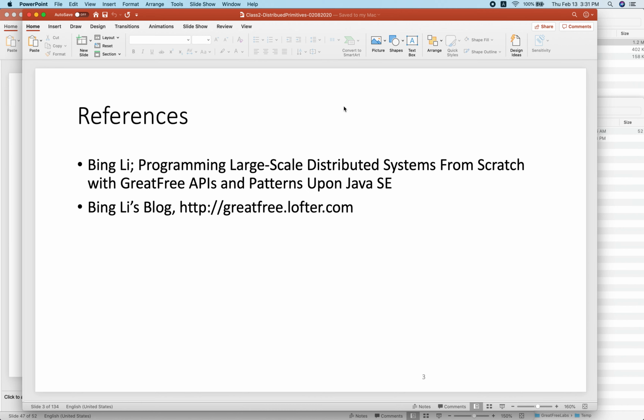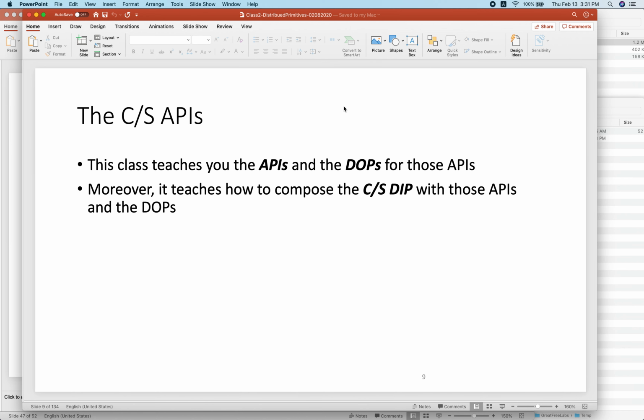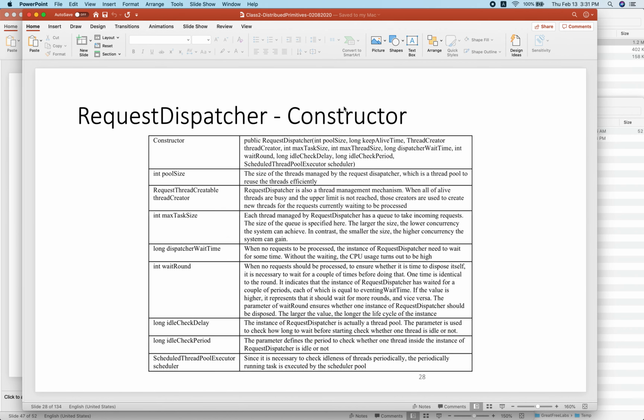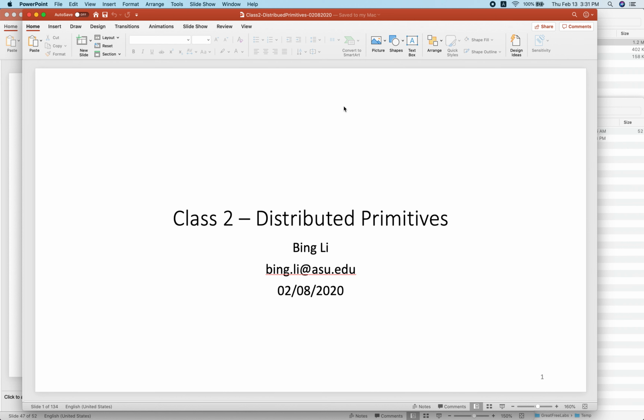I will show what those APIs look like, right? And also I will show you how to program with these APIs, and I will program some simple systems using these APIs and design patterns only, and then you can understand the concept of distributed primitives.